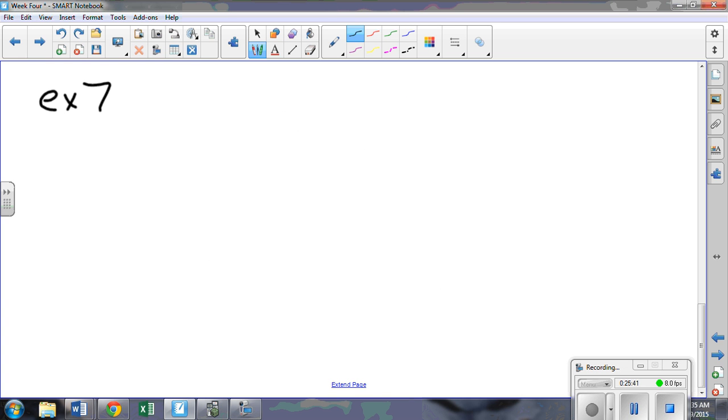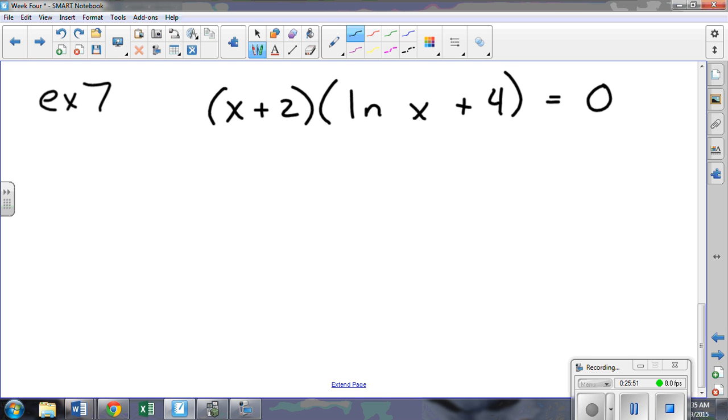Here's another one. Copied this one down incorrectly. That's supposed to be subtract 4, not add 4.